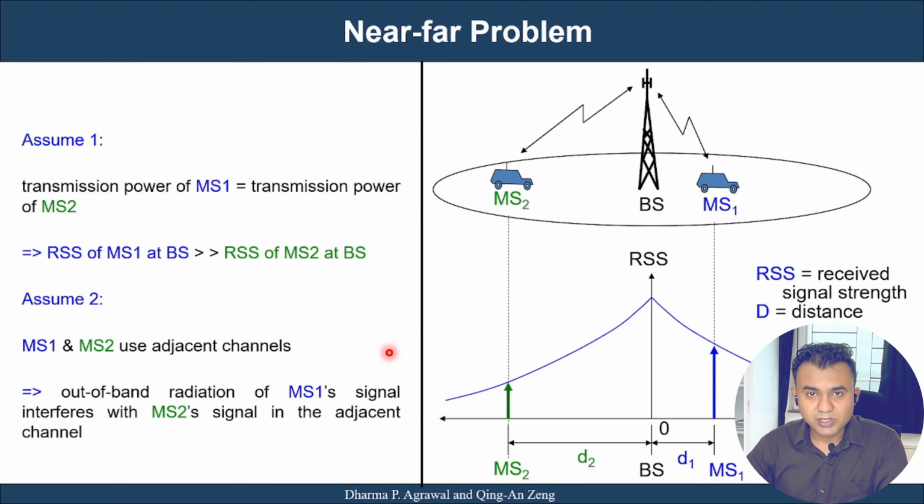Now there are a few problems. A very famous problem is called the near-far problem. Let's say assumption 1: the transmission power of mobile station 1 is equal to the transmission power of mobile station 2. Both mobile stations are transmitting the same power.